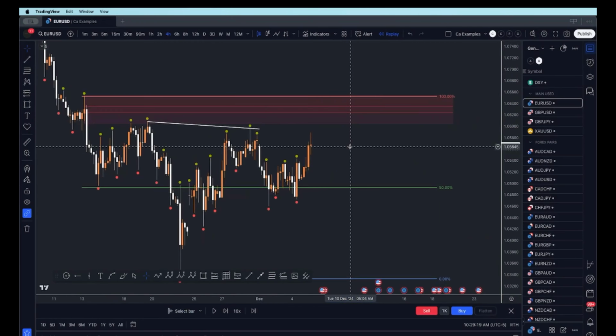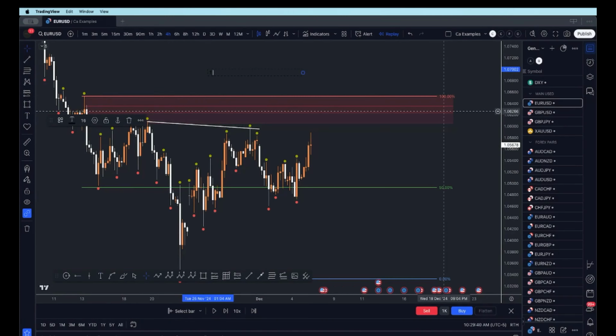I want to see price maybe sweep some liquidity, which, by the way, you don't need to always have to have an A+ setup or to have a setup in general. It's just a criteria that most people use that's very common, but you don't really need it. But in this example, we're just going to say we need some liquidity, so that's 2. So let's say 1 is price needs to be in an area of discount or premium, and I'm going to change this to white.